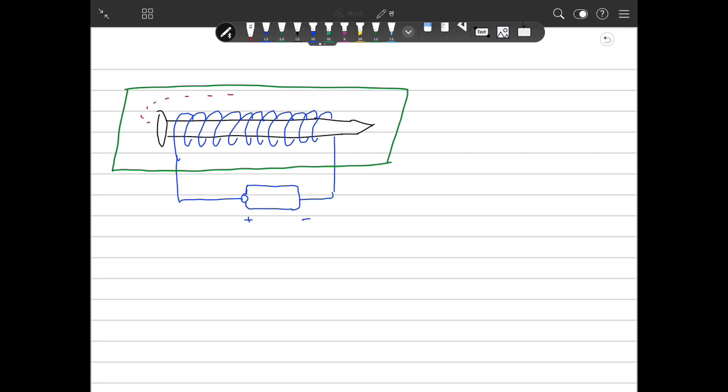Then the iron settles in this way. You remember that. And then it looks like the same phenomenon as a magnet. We call this a solenoid.